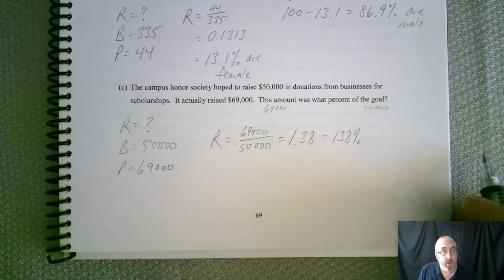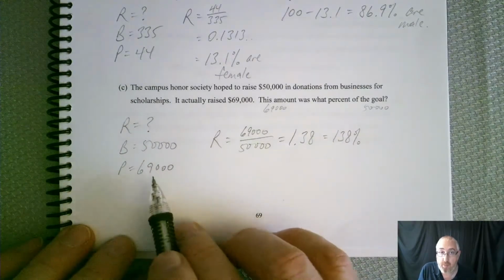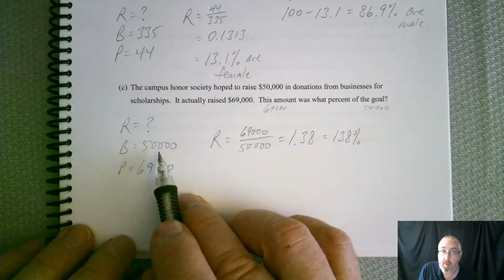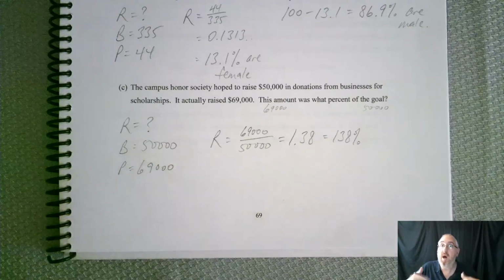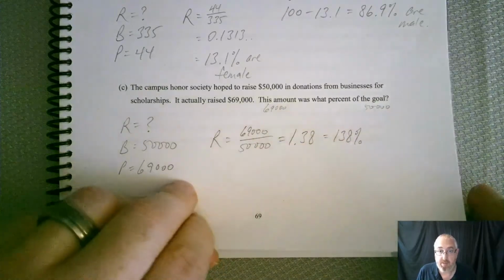Now, that seems a little weird because you're over 100%, but again, what we actually reached was more than the goal. It's over 100% of that $50,000. So because you're above 100%, your percentage is going to be higher than 100%.